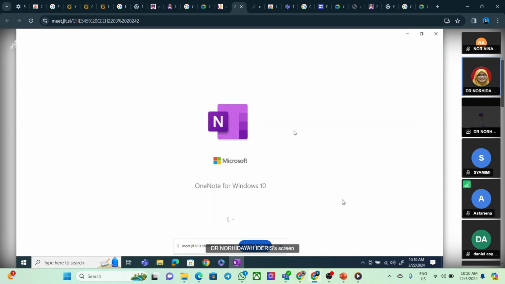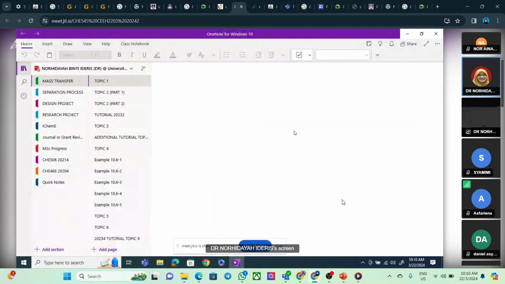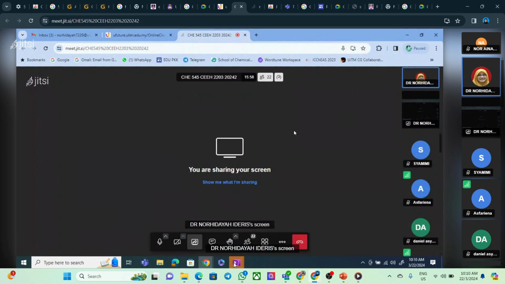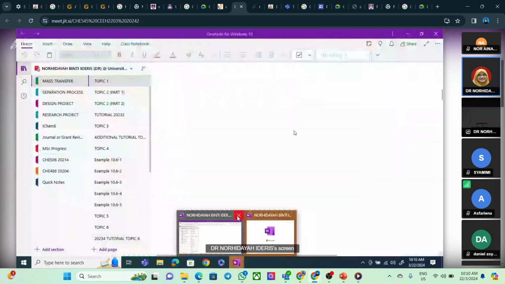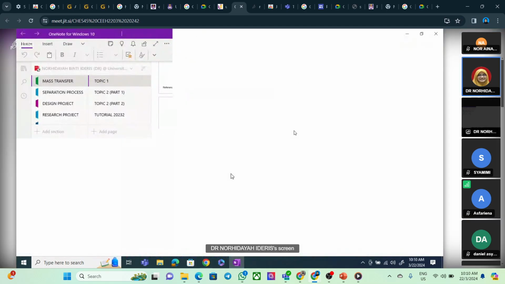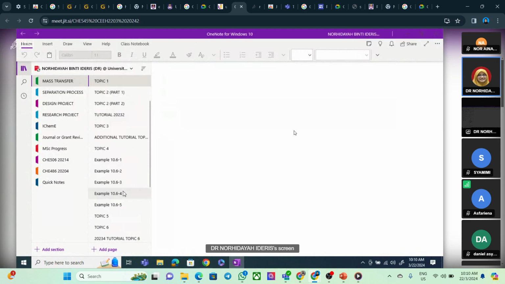Okay, can you see the screen again? Okay. Wait, it's not showing up. Where are we?